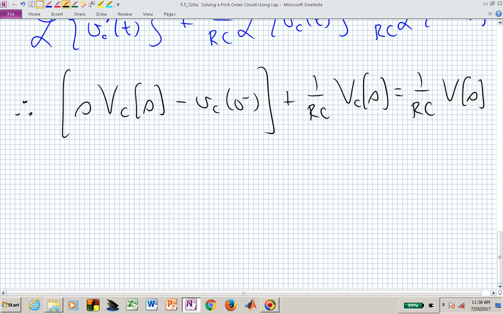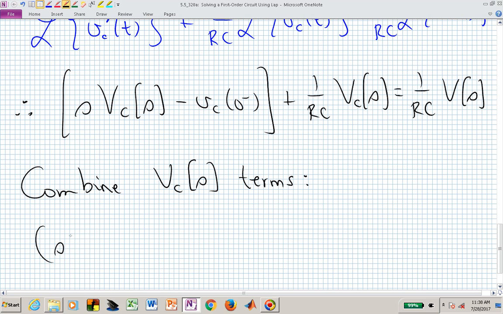To solve this, we want to solve in terms of the unknown that we're after, which is the capacitor's voltage, meaning let's isolate or combine all of the terms associated with capital V sub c of s. Doing that, we have s times V sub c of s plus 1 over RC V sub c of s.